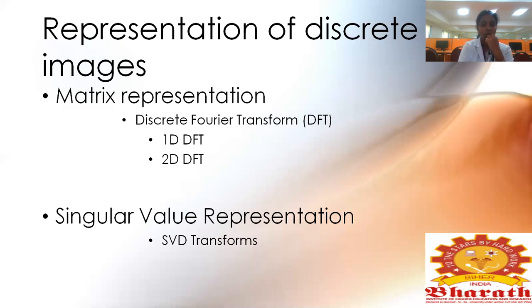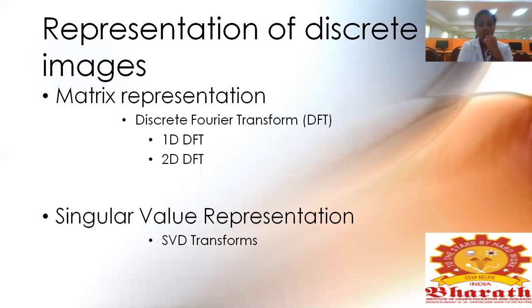For that, we make use of singular value decomposition transforms. Apart from the discrete Fourier transform and SVD transforms, you have the Haar transform, Walsh transform, Hadamard transform, and KL transforms. There are several transforms that you can make use of.